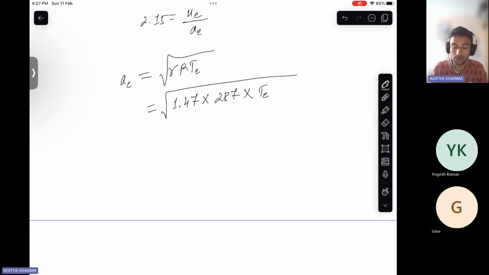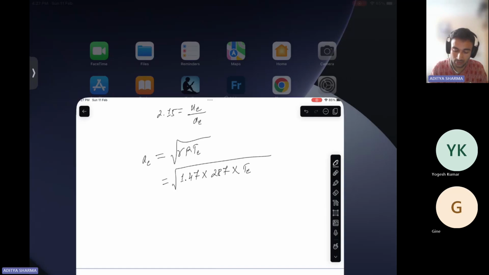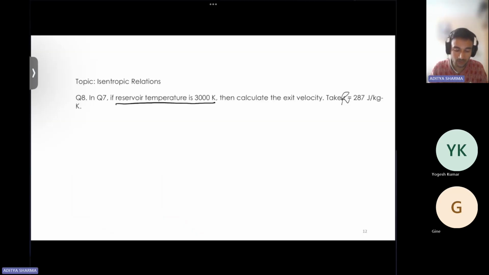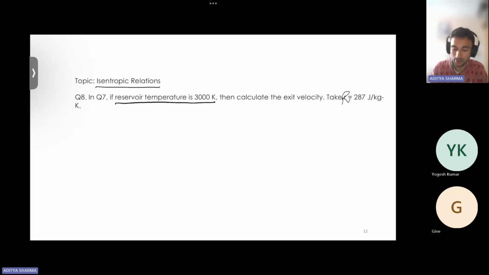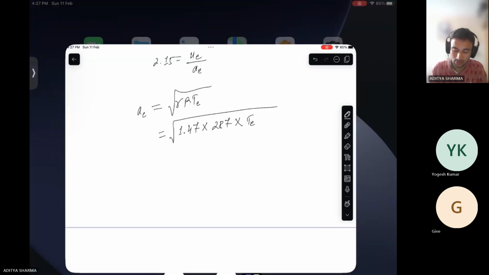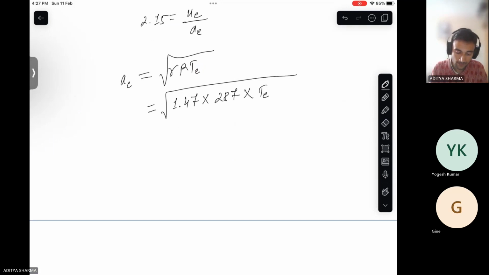As the heading of this topic, you must have noticed, is isentropic relations, so we shall use this.